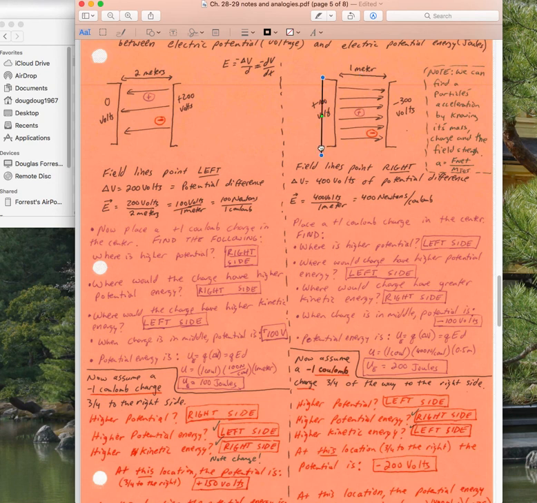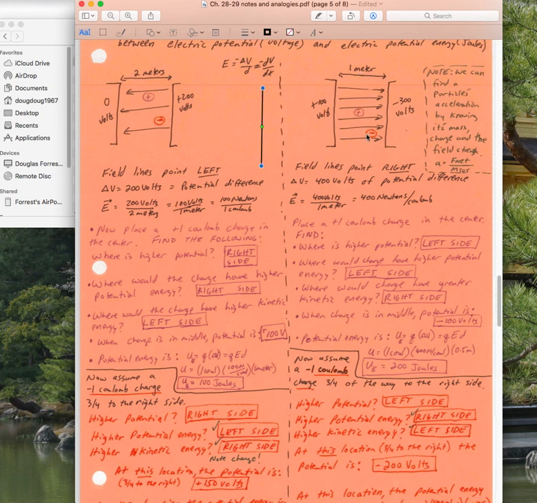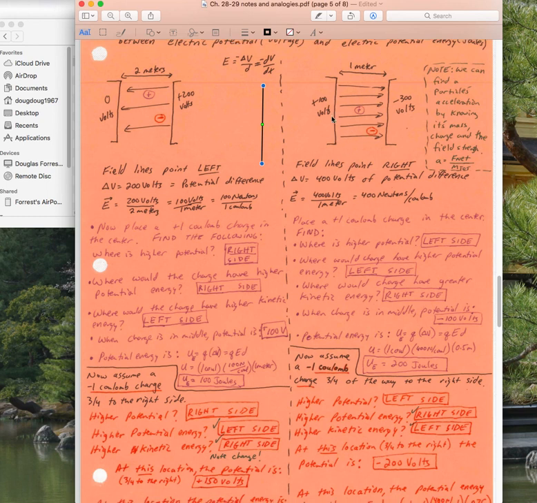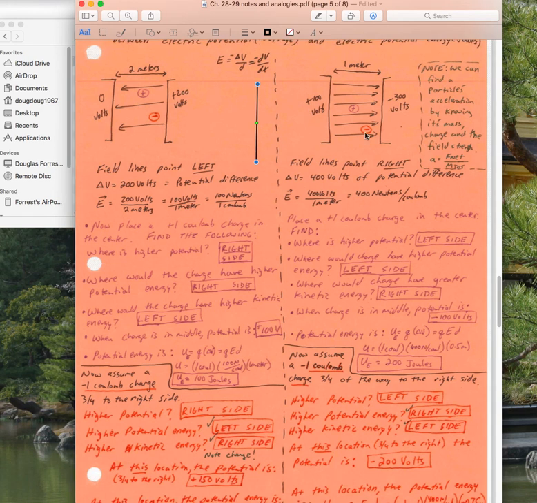Now, what would happen if we had negative 1 coulomb of charge 3/4 of the way to this side? Well, now, this thing has a lot of potential energy because it's a negative close to a negative voltage. It's going to want to accelerate to the left. So the left side here is still at higher potential because it's more positive. That isn't affected by these charges at all.